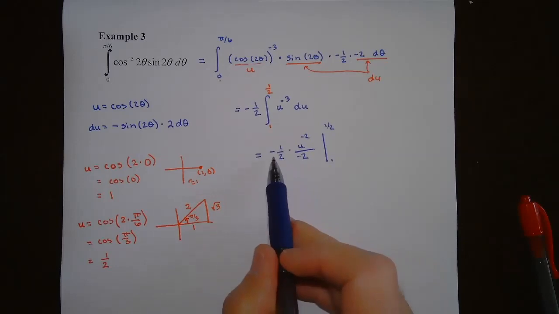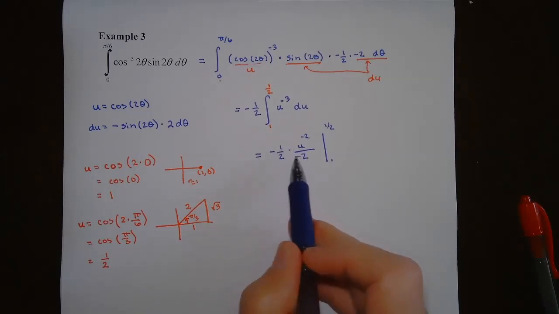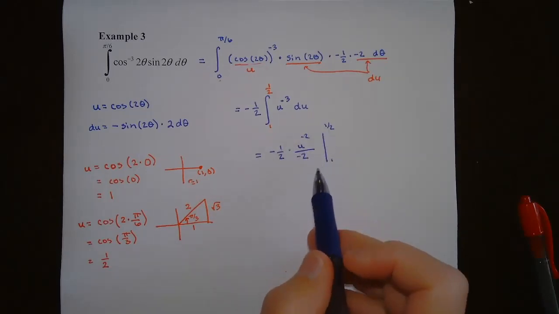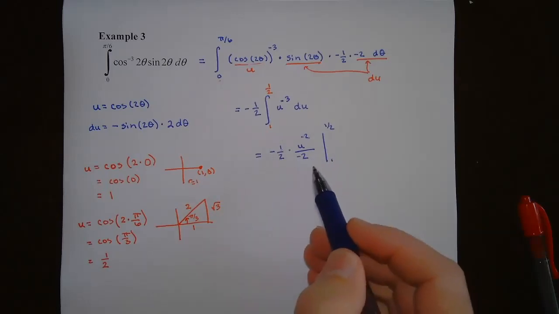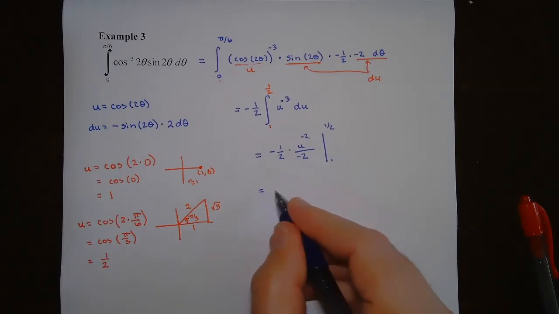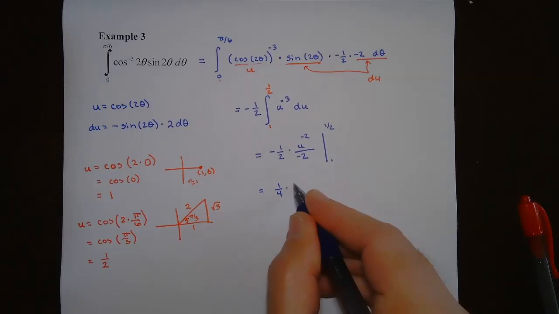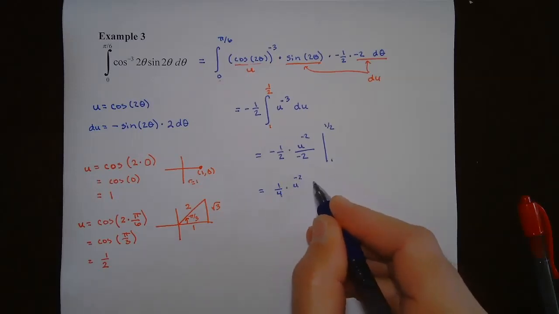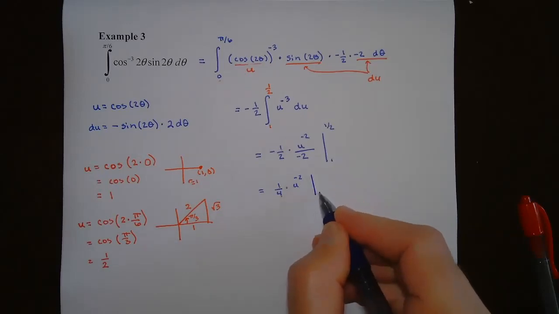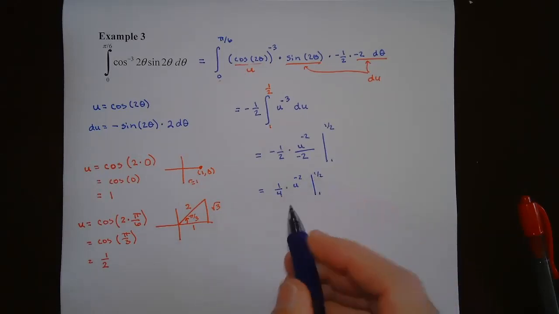Now, I'm going to clean this up a little bit before I start plugging numbers in, okay? All right, so this is a negative times a negative. That's going to be a positive. So this becomes 1/4 times u to the negative 2 power, evaluated from 1 to 1/2.